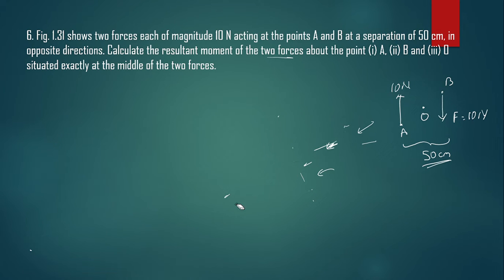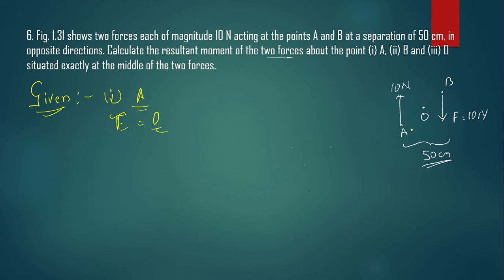So for force that has been applied at point A, first thing, what has been given to us at point A. So for the first one at point A, the torque because of this would be 0, because it is passing through the point A. This force is passing through point A, hence the torque would be 0.